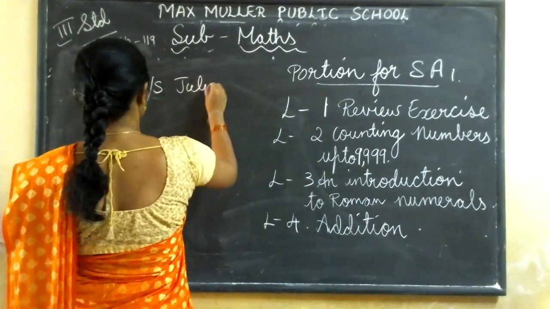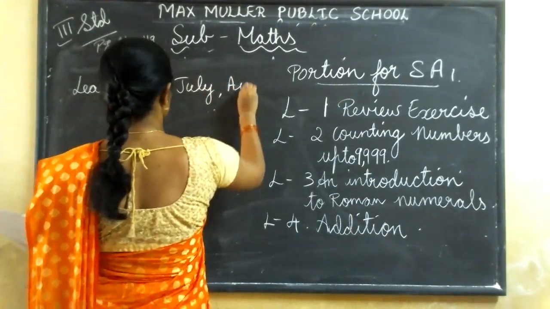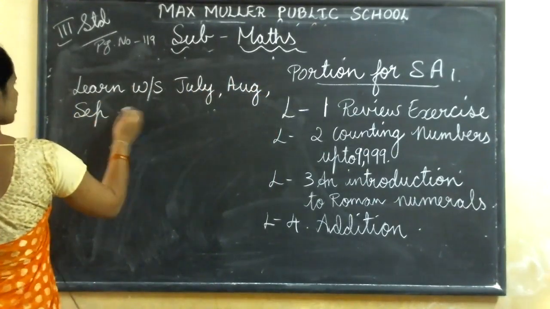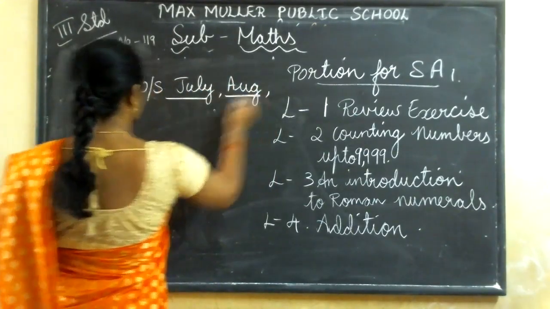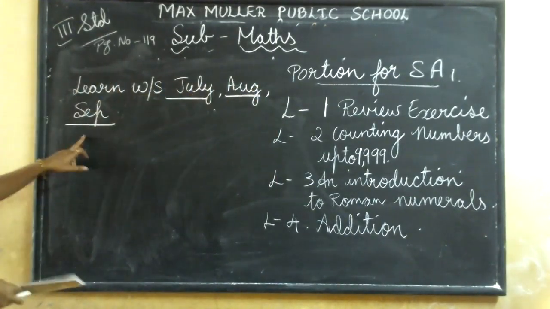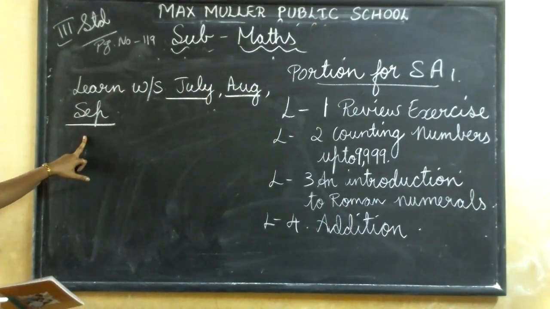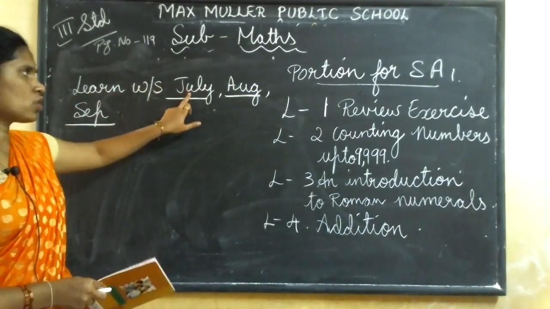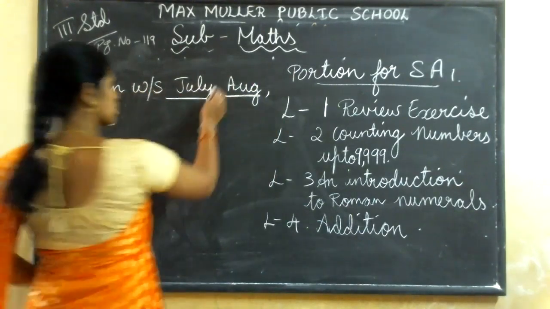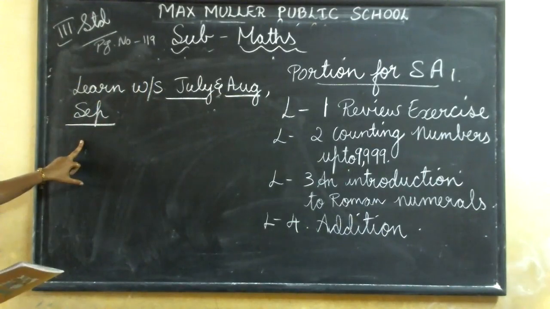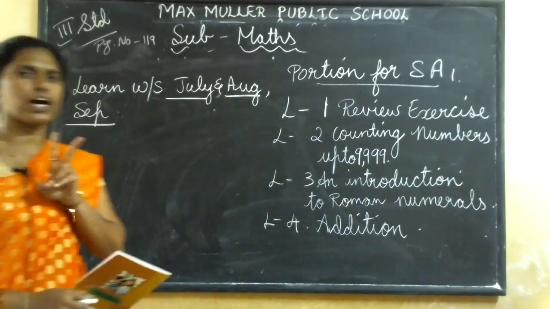July, August, and September. These 3 months: July and August, 1 worksheet, and September, 1 worksheet, which I have already given you. You have completed July and August, 1 worksheet. September's 1 worksheet is there now. 2 worksheets you have got.